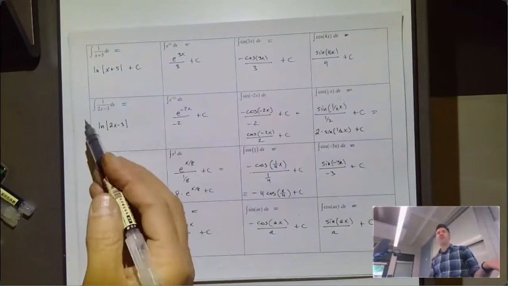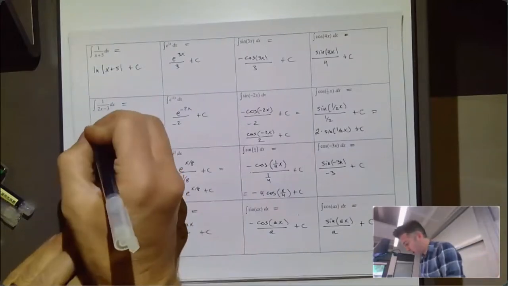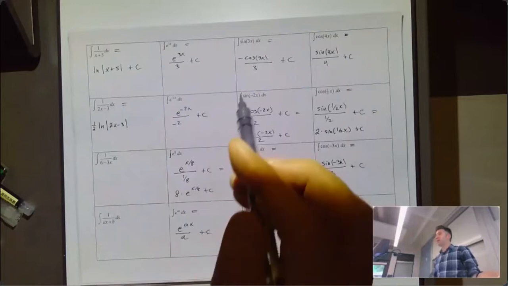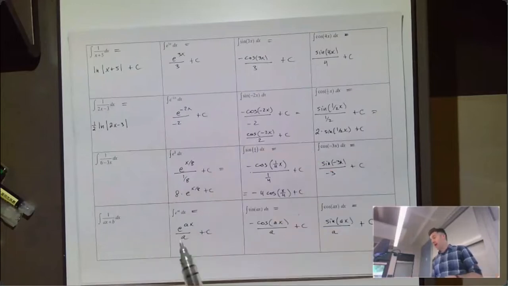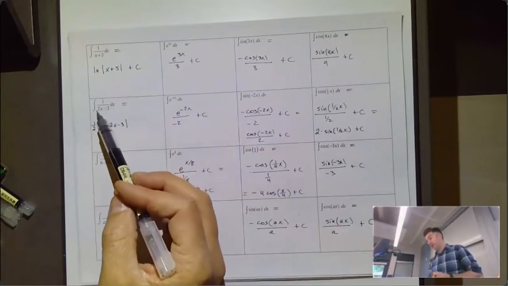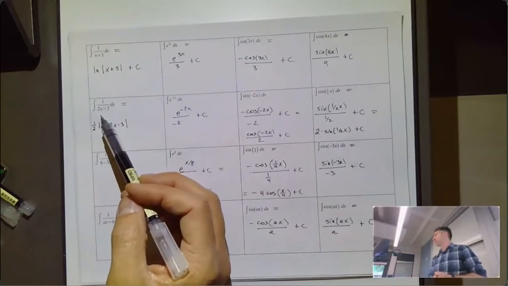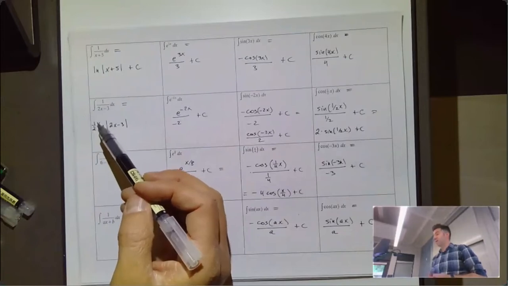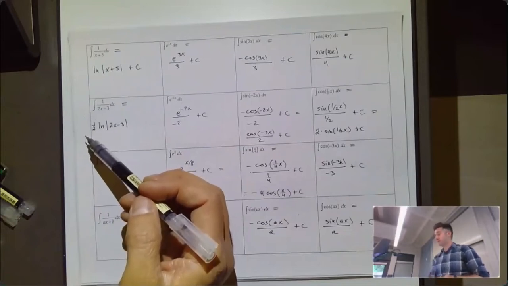But I don't have a 2, so I need a 1 over 2 to account for the 2 that I would have to multiply by. So just like these other situations, when we have an integral of a constant multiple of x, plus or minus a constant, we end up dividing by the constant multiple of x.